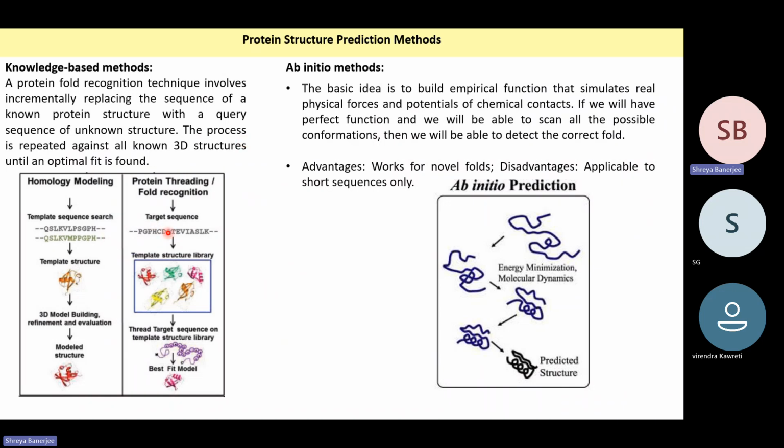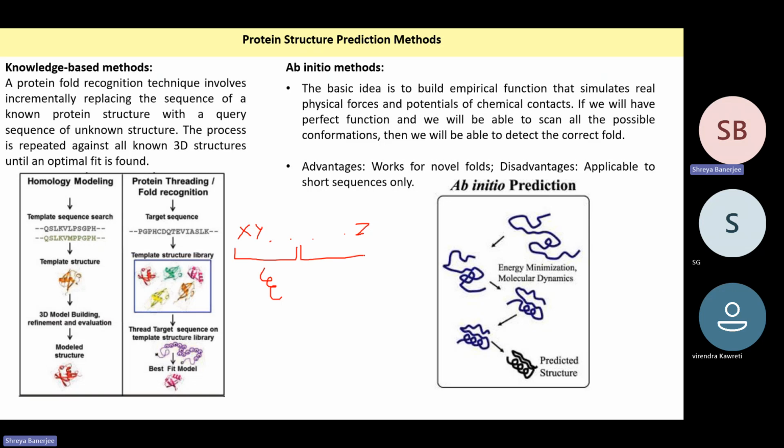Suppose you have an unknown sequence, and you don't know the structure of that protein. That sequence is compared with other known sequences for which the structure is known. So suppose we have a sequence X, Y, and so on, to Z. We know from here to here, we compared it with known sequences and find out it has a helical structure.